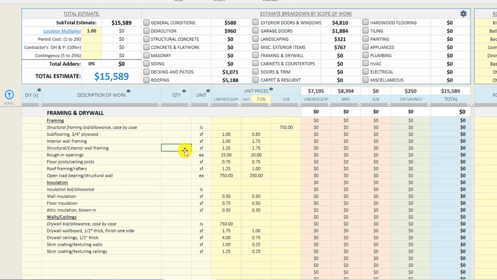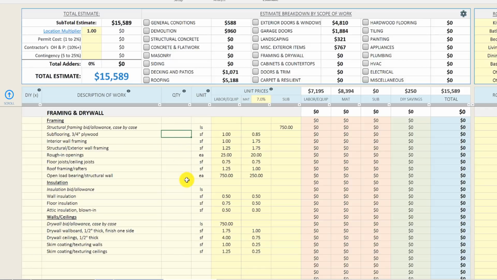You can either rewire the property, or you can pigtail the wiring, which is a cheaper way to basically replace the outlets and connect them to the existing aluminum wiring. We decided to completely replace all the wiring throughout the property. When you do that, you have to remove some drywall, so that was something we had to include in our budget.